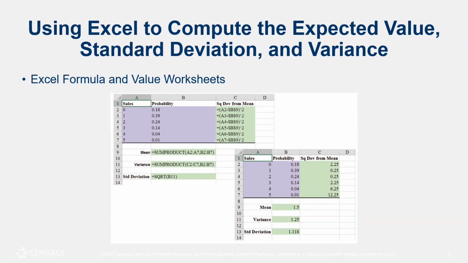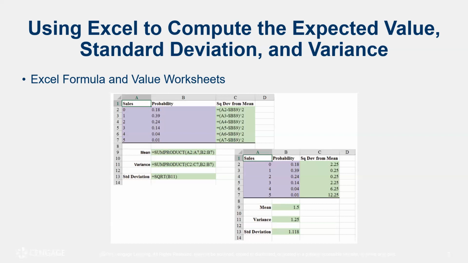So before, when we did this, we would do this times this, this times this, this times this. It's like a weighted average, right? And then we would add them all up at the bottom. So they're just showing you can use a new function called sum product, which means if I do A2 to A7, B2 to B7, that's telling it take the sum of that times that, plus that times that, etc. Okay, so that's sum product. That's a good one to practice using because it's a pretty valuable function.